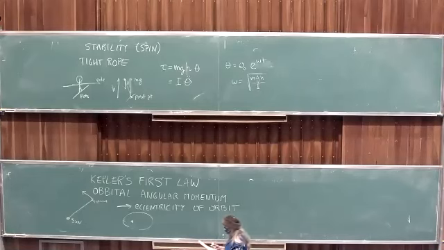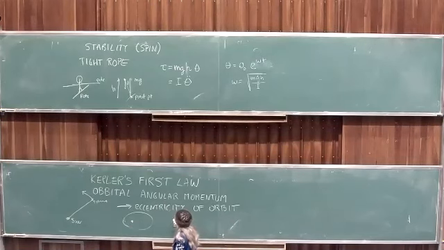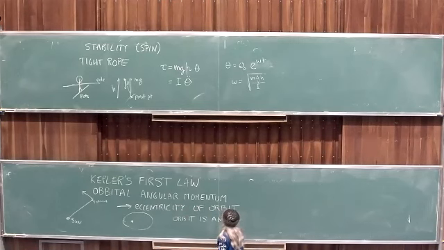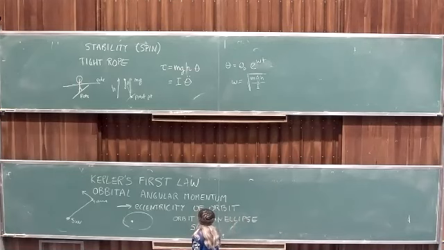Kepler's first law is the orbit of a planet is an ellipse with the sun at one of the two focal points. So Kepler's first law: the orbit is an ellipse, and the sun is at a focal point.